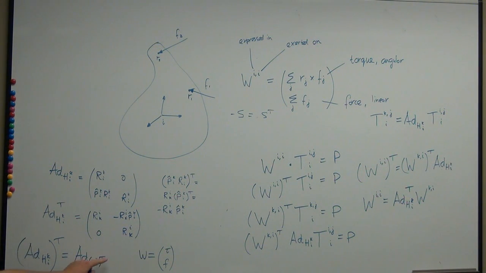But note that this transpose isn't the same as the inverse. So you can't just take H_IK and do this adjoint thing. You have to actually take the transpose. So that actually also has sort of a meaning. This comes in handy when you're actually trying to implement all of this in an efficient way.